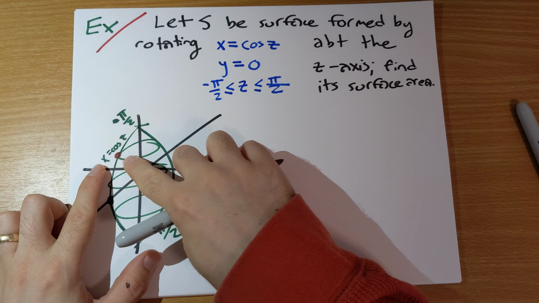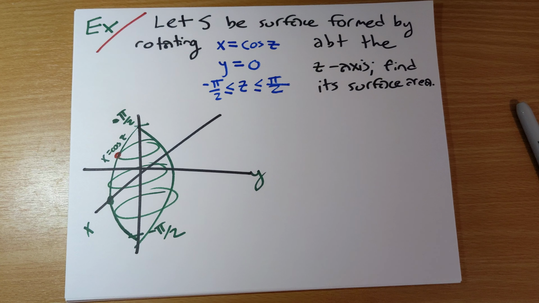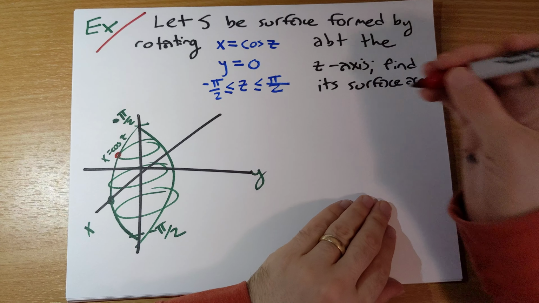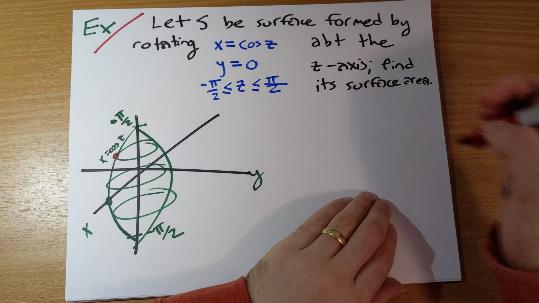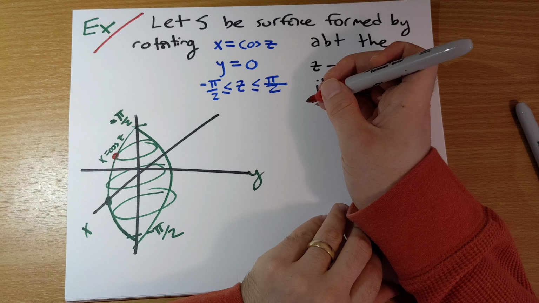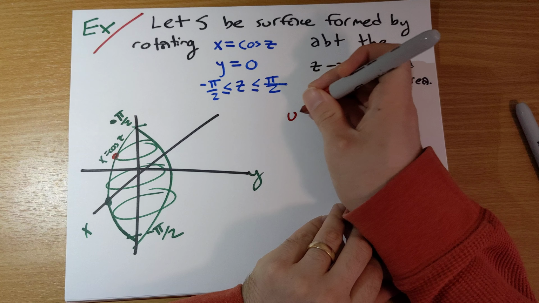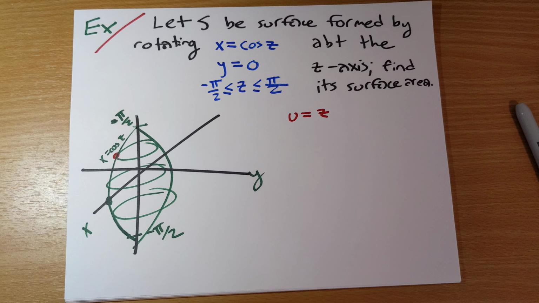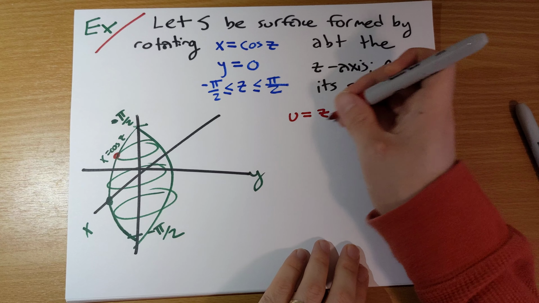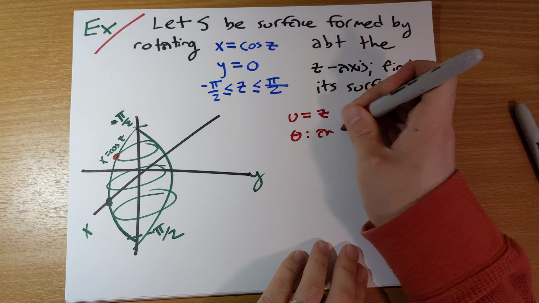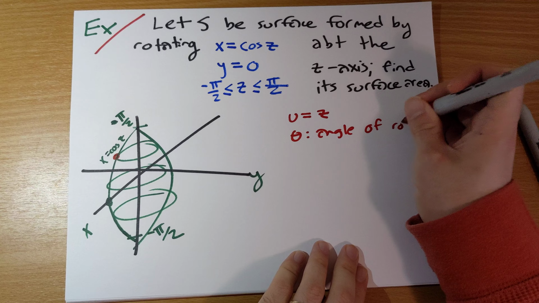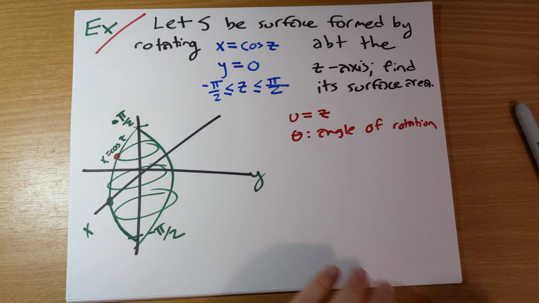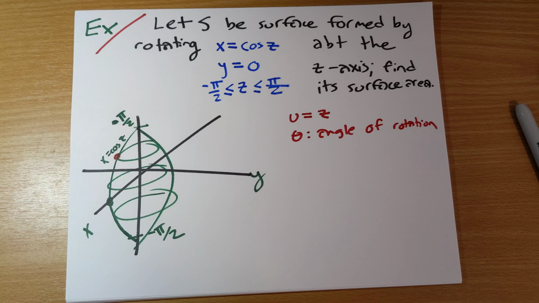So we start here, we rotate around. And so I'm going to take u to equal z, and that will be our first coordinate. And then theta is the angle of rotation. So we're going to write our parameterization in terms of u and theta.